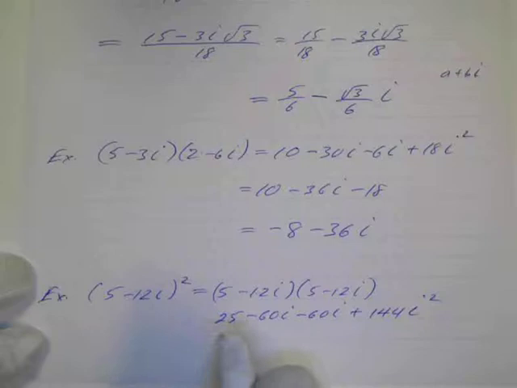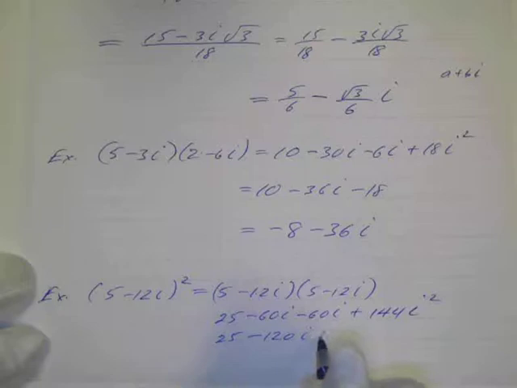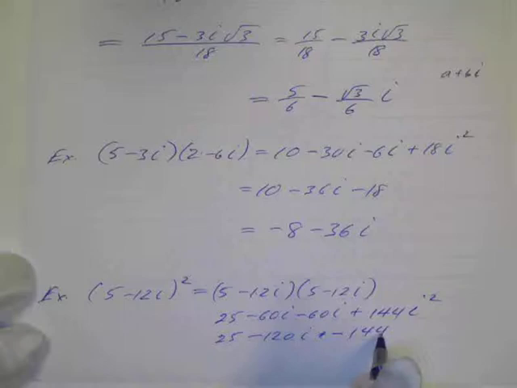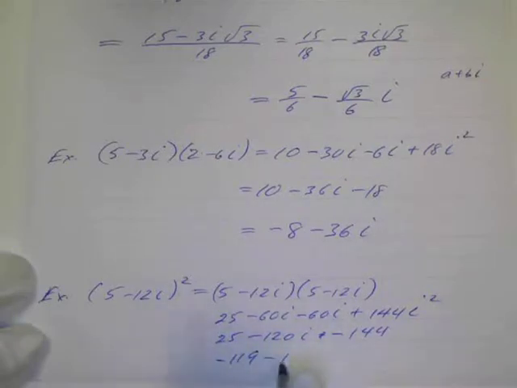So now I've got 25. A negative 60 and a negative 60 is a negative 120i. And this is negative 1 times 144, a negative 144. And negative 144 plus 25 is negative 119, minus 120i.